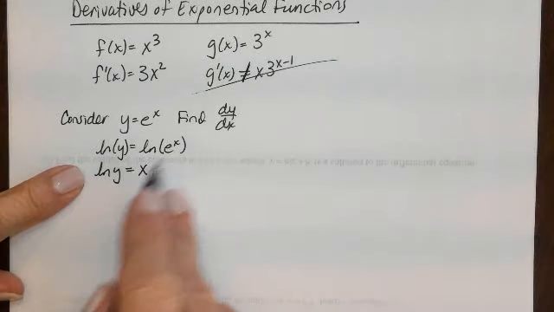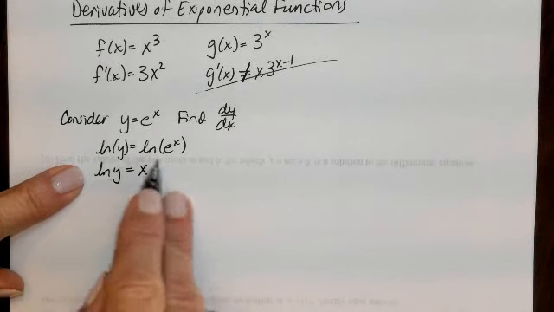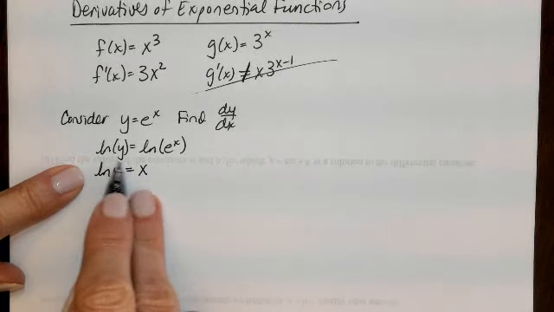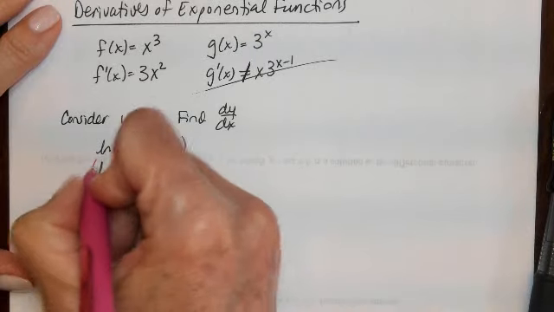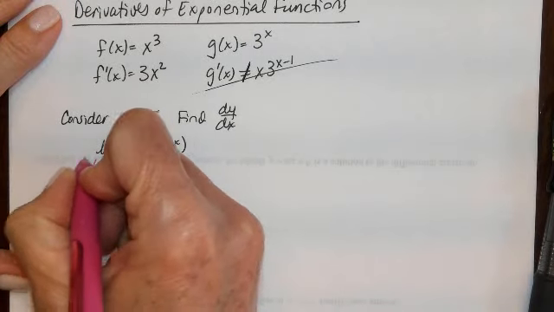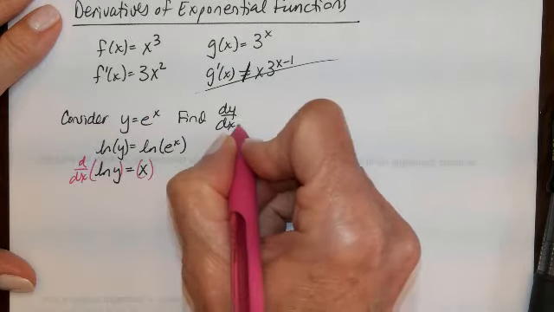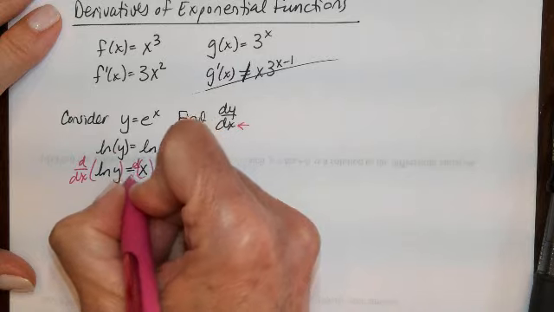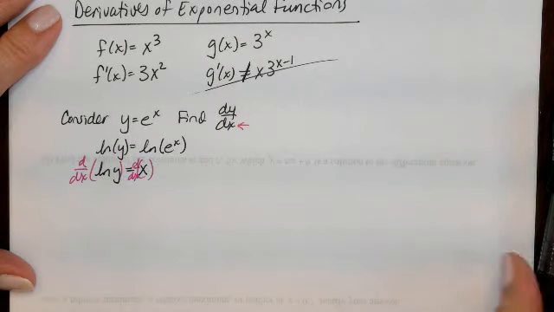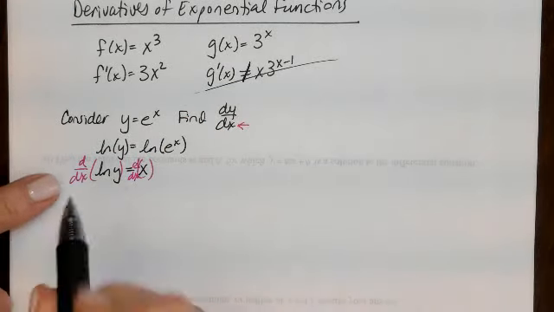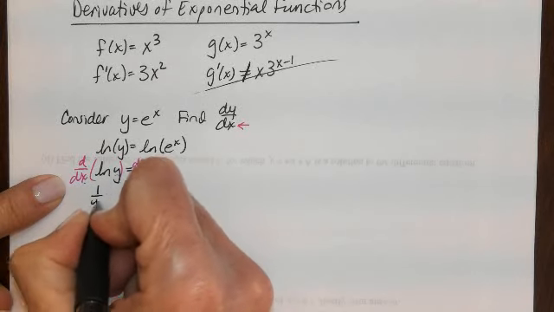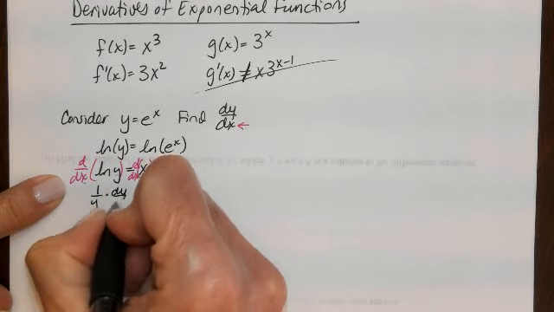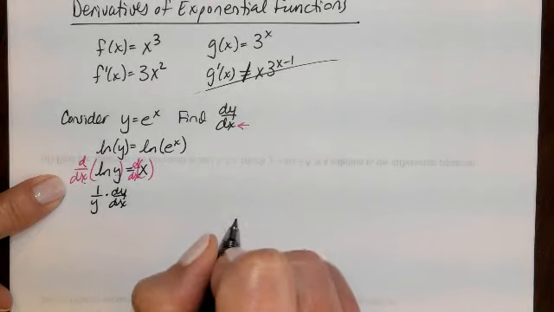Okay. I want dy/dx. Now I can find dy/dx because I know what the derivative of natural log is. So now I'm going to take the derivative of both sides with respect to x, because I want dy/dx. Okay. The derivative with respect to x of ln y is 1 over y times dy/dx. A little implicit differentiation there, right?